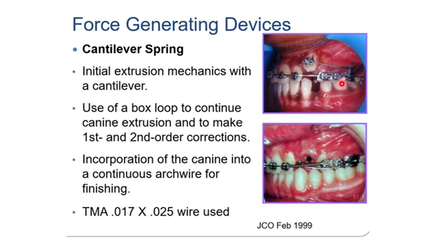Cantilever spring, initial extrusion mechanics with a cantilever, use of a box loop to continue canine extrusion and to make first and second order correction, incorporating the canine into a continuous arch wire. Usually we use 17 by 25 TMA wires, titanium molybdenum alloy wire.